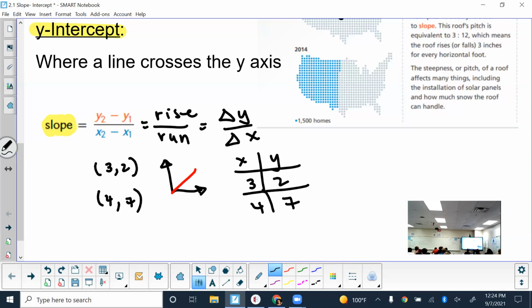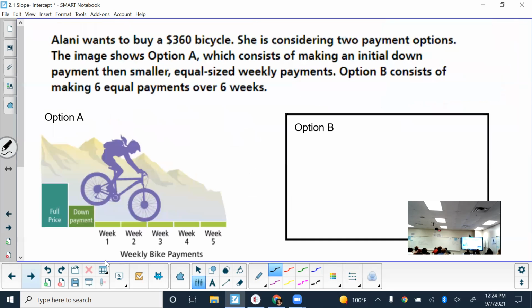All right, so let's look at our first set of examples. Actually, this is in your workbook, so take out your workbook and open it to page 27. Yes, page 27 of your workbook.